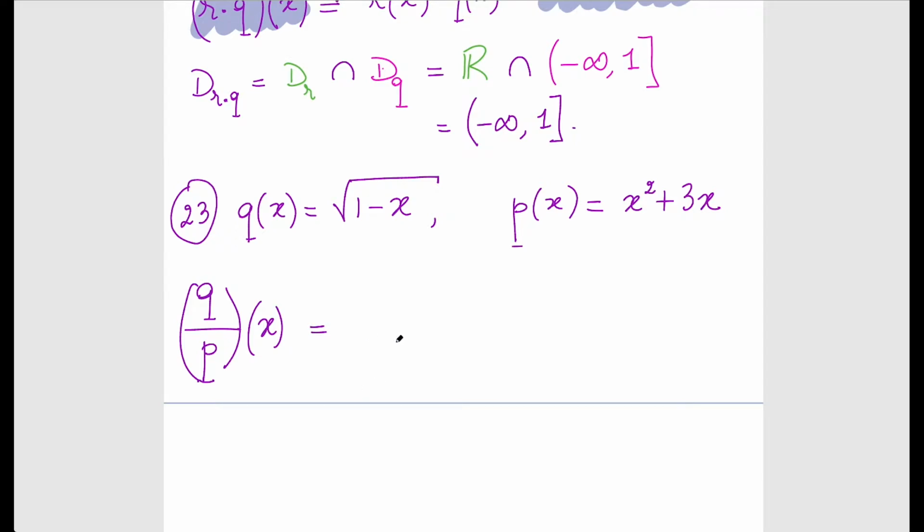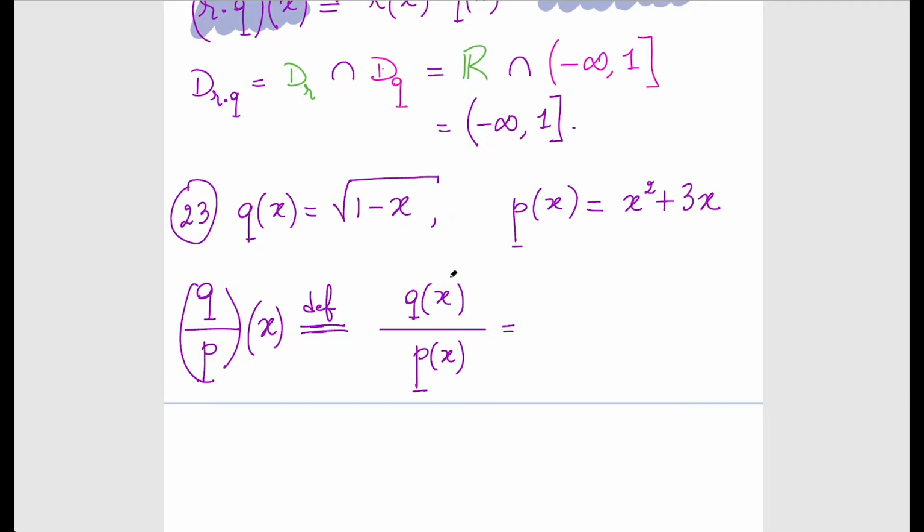Okay, so the previous definition says this is simply Q of x divided by P of x. That's how this function operates. Let me take the fraction bar at the level of the equality, just to keep the writing meaningful.